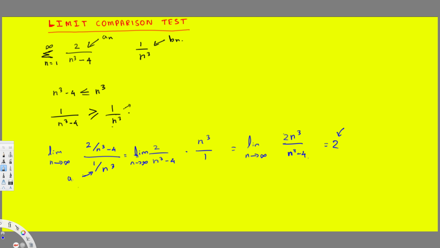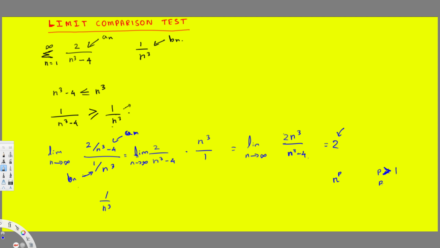So we know this is a_n, this is b_n. If I take b_n alone, 1 over n cube, we have a general rule right here: if it's 1 over n^p, if p is greater than 1, it converges.